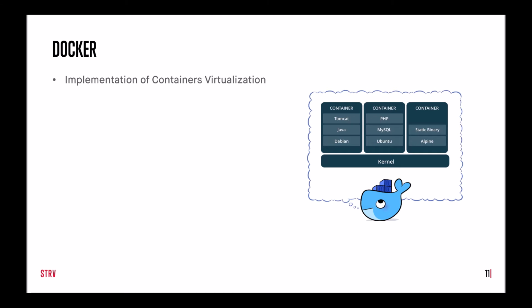So Docker is an implementation of the container strategy I just mentioned. One of its core characteristics is that it uses a layered file system called union file system. If you're familiar with Docker, you have heard that Docker images consist of layers that can be cached.